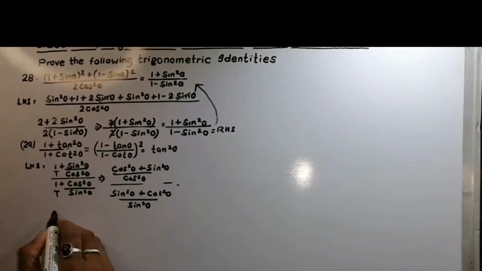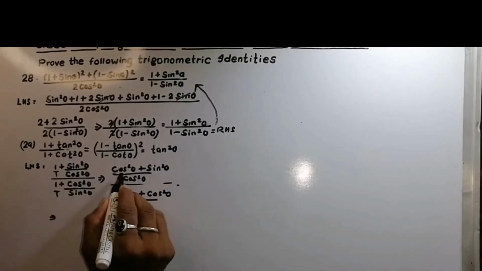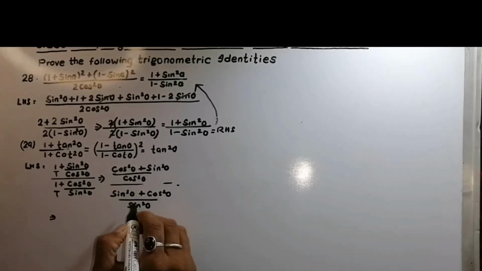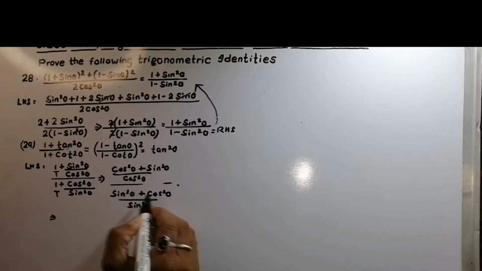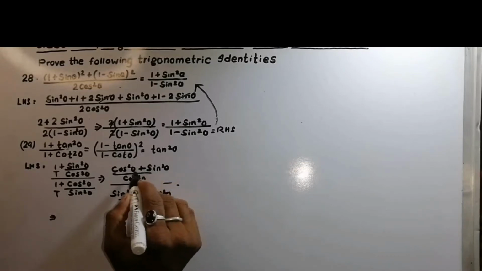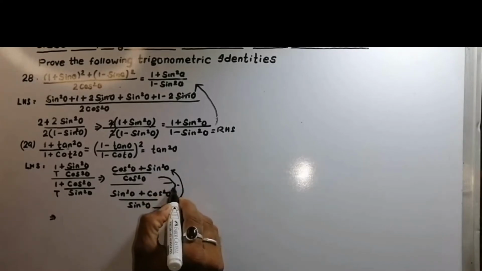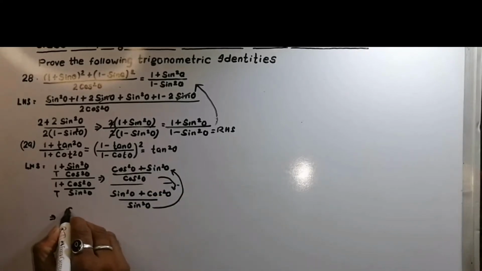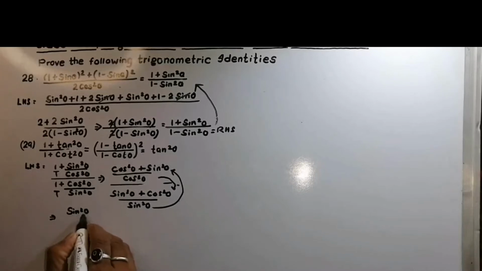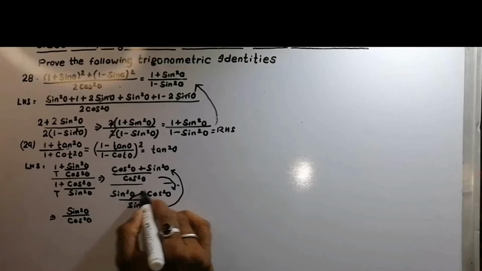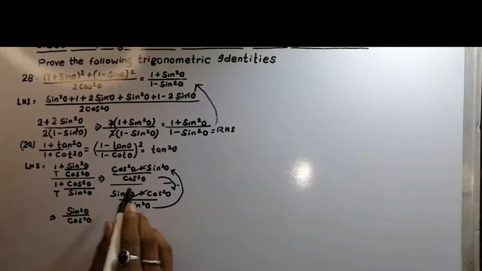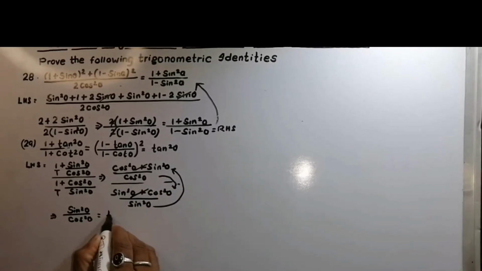From here we get cos square theta plus sin square theta and sin square theta plus cos square theta. This can be cancelled, so it can go upside and this downside, so we can write here sin square theta by cos square theta because these cancel each other, so we get here tan square theta.